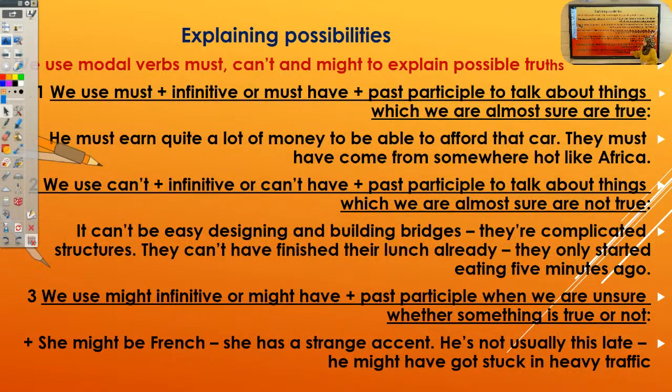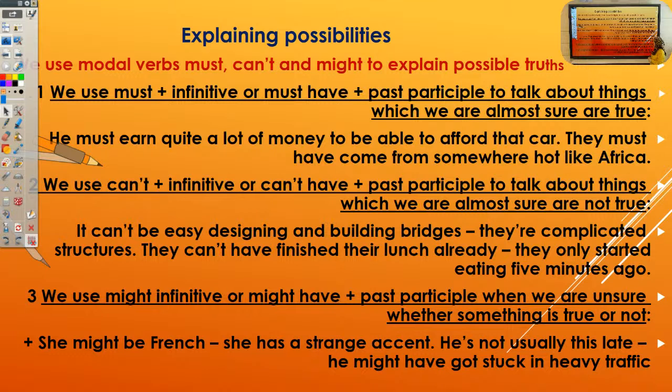Now the third one, we use might and after it infinitive, or might and after it have plus past participle, when we are unsure, okay, whether something is true or not. She might be French. She has a strange accent, but we are not sure that she is French.